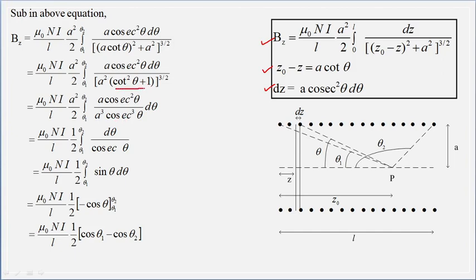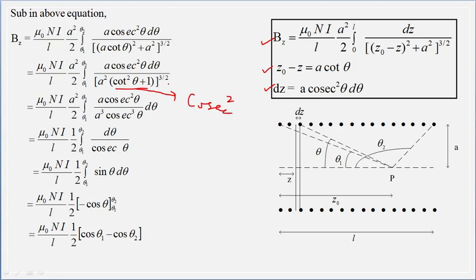Just like 1 plus tan square theta equals sec square theta, 1 plus cot square theta equals cosec square theta. So cosec square raised to 3 by 2.